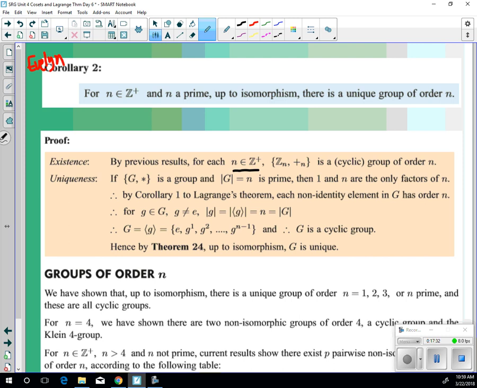So G equals the group generated by g, and G has to be a cyclic group. That means this is the only group that fulfills this.